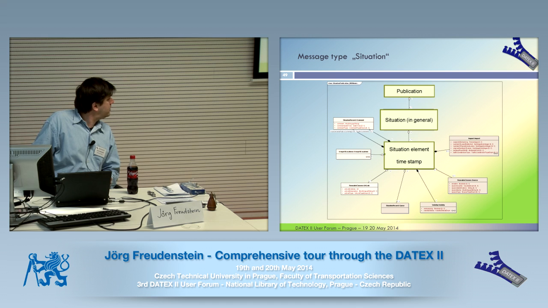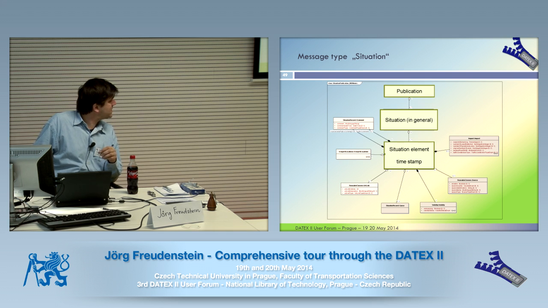And maybe you can see this when I go back. It's very small, of course, but these are version identifiables here. So that means it's, of course, very important that you can identify the situation and the situation element, because likely you will update them. Of course, if there is a traffic jam, you will send an update frequently when the length of the traffic jam changes.